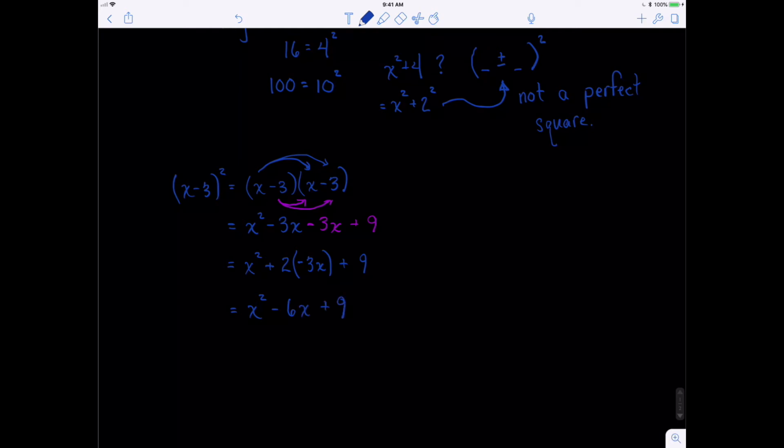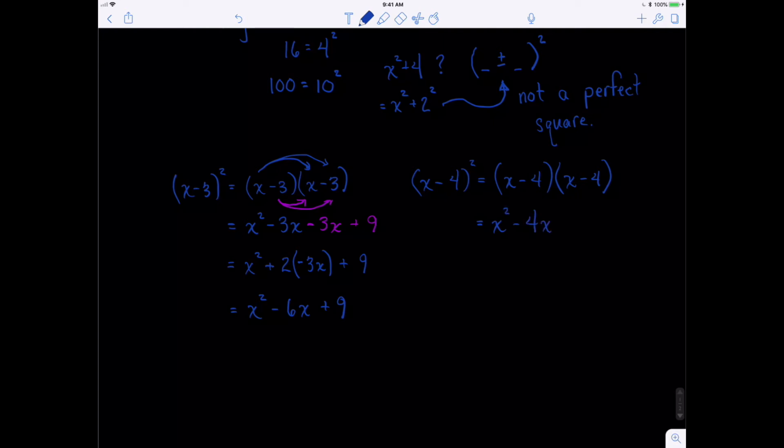Now let's try one right alongside it. How about x minus 4 squared? We'll do one more, and hopefully that'll get the pattern out for us. Remember, this is x minus 4 times x minus 4, and then we distribute to get an x squared minus 4x.